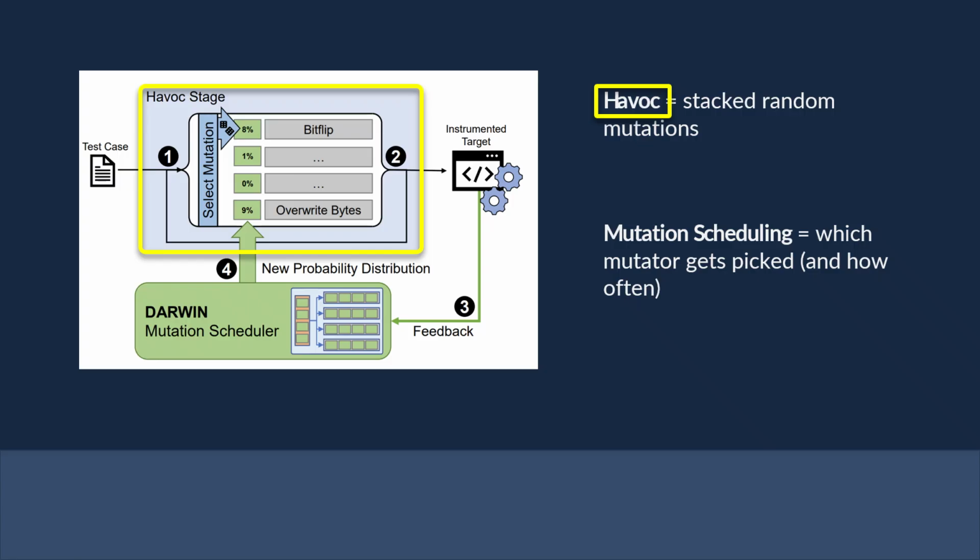So fuzzers don't just have one kind of mutation. AFL style fuzzers actually have multiple mutation stages, and one of those stages is called havoc, which we have pulled up on the screen right here. What havoc does is it basically takes an input and applies a stack of random mutations to it.